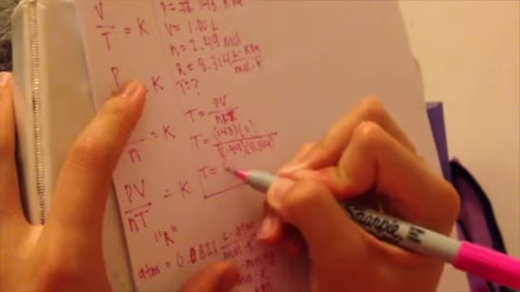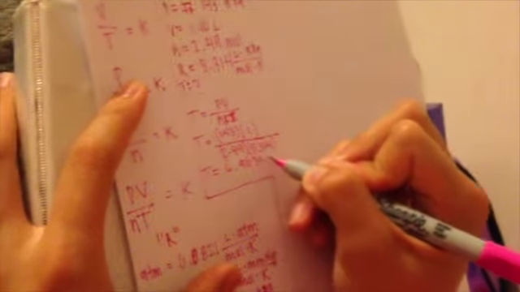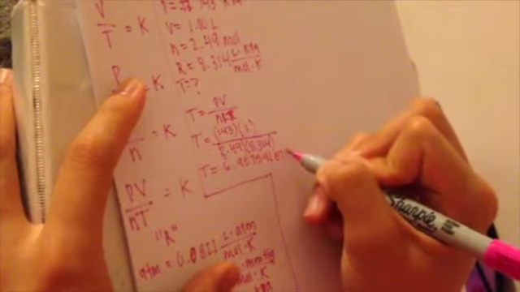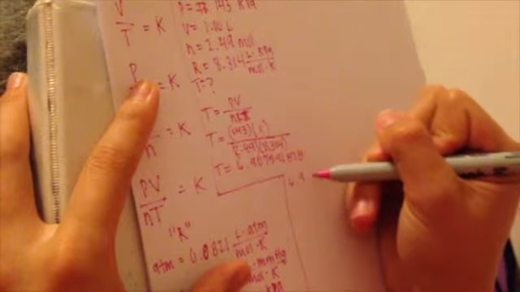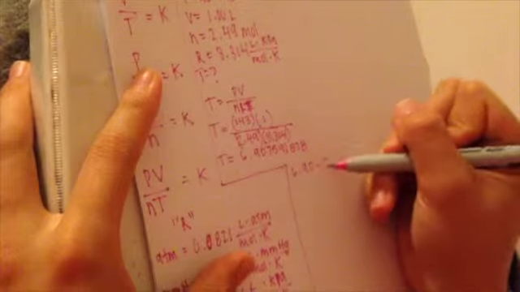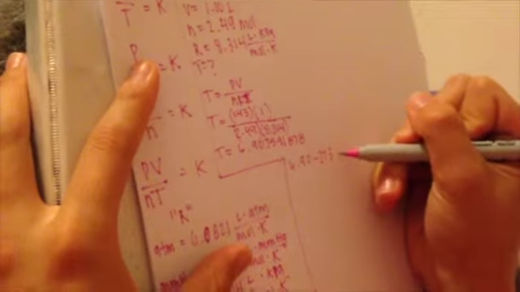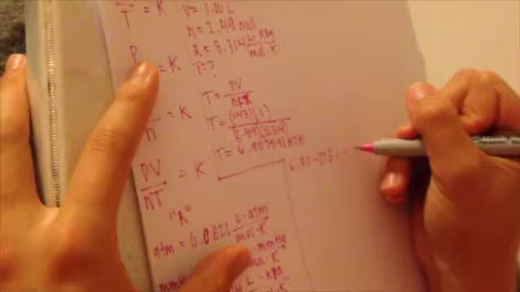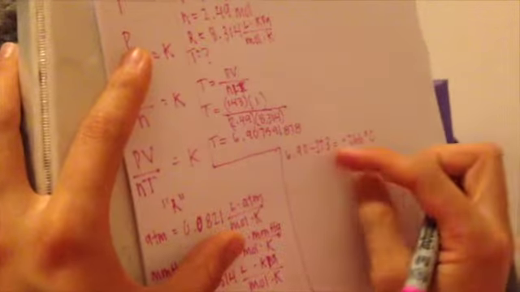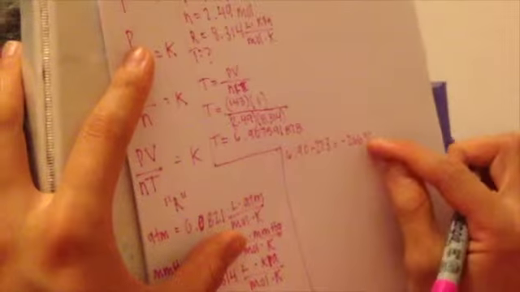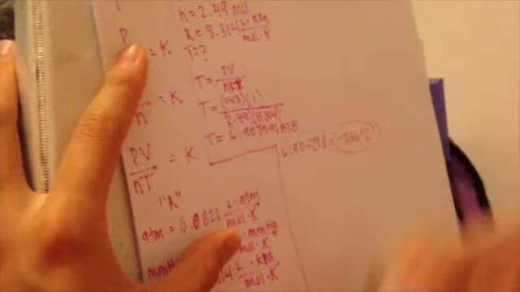When you solve that out, you get T equal to 690.7591878. Since that's way too long, we're going to round that down to 690, minus 273 equals negative 266 degrees Celsius, because we have to subtract that to get to Celsius. This is what it is in Kelvin, and this is what it is in Celsius. And this is your answer.